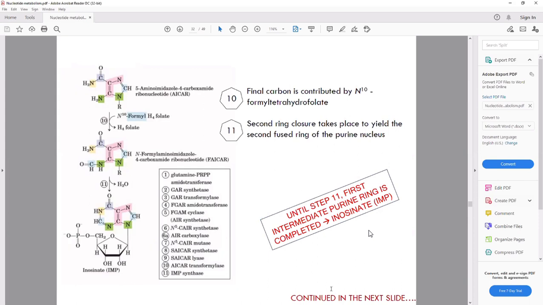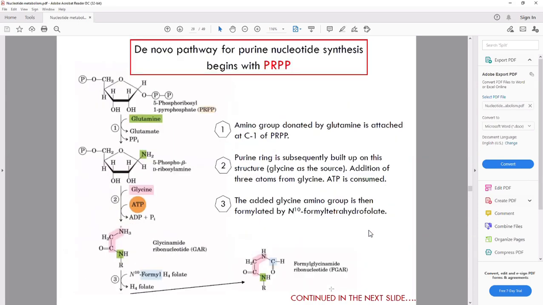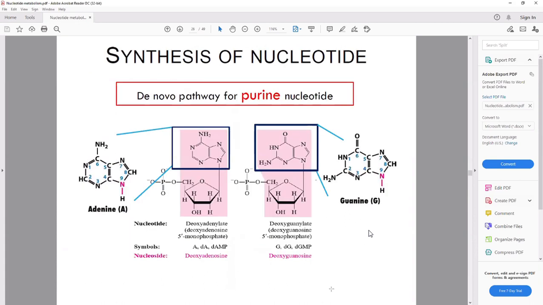We have adenine and guanine. Adenine and guanine.